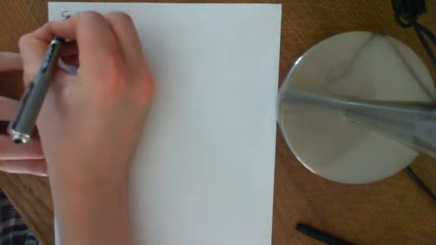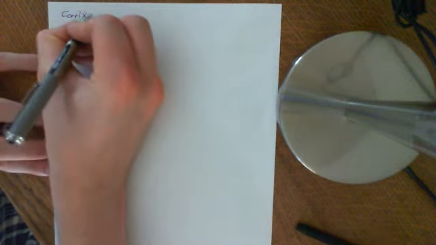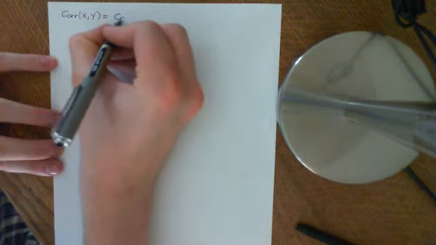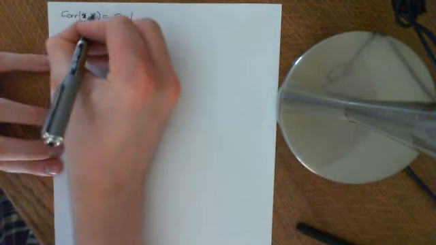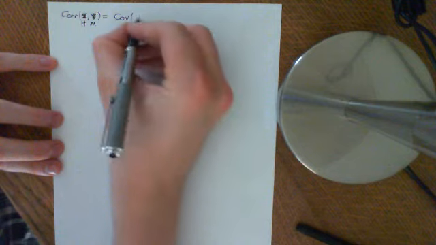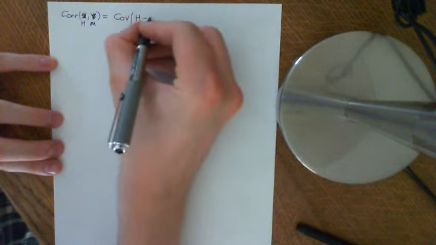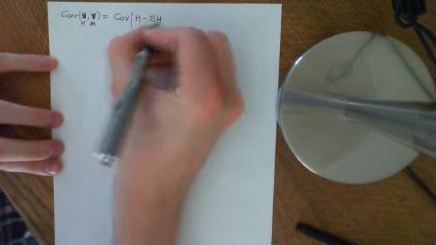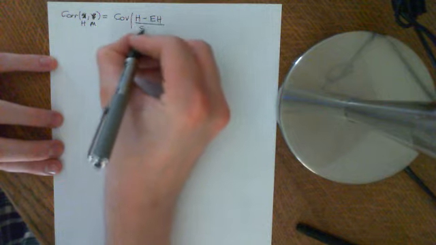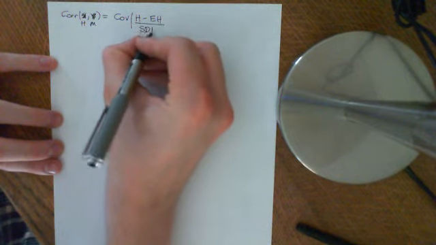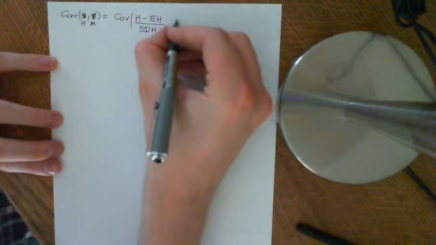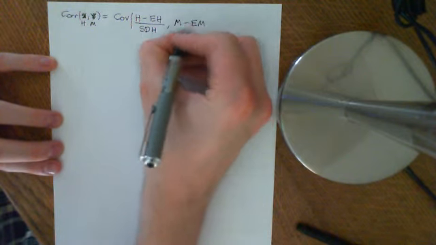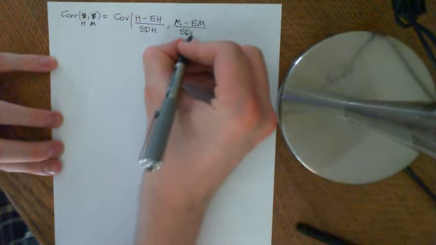Another, equivalent definition of the correlation of x and y is that it is just equal to the covariance of, and let's keep to our random variables h and m, because they're nice and intuitive, the covariance of h minus the expected value of h, over the standard deviation of h, and then mass minus the expected value of mass, divided by the standard deviation of the mass.